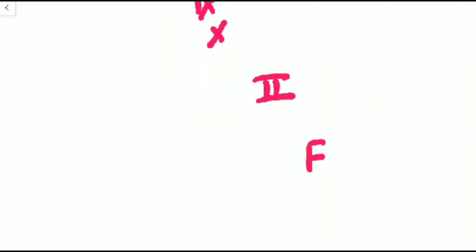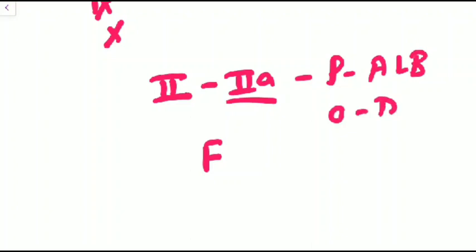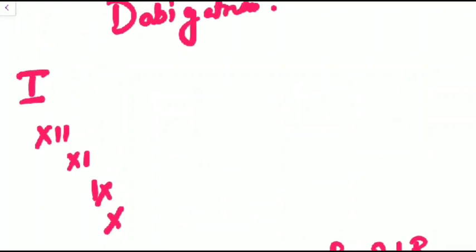So here, this 2 to 2A, the activated thrombin 2A, the direct thrombin inhibitors, parenteral ones are argatroban, lepirudin and bivalirudin, and oral is dabigatran.